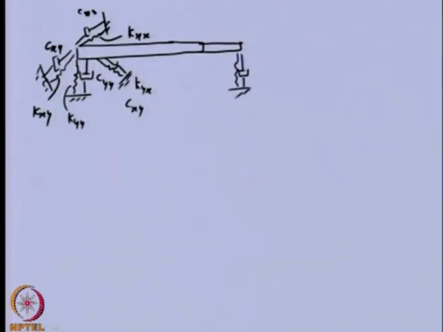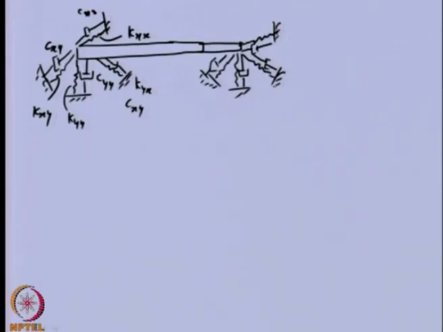So, this particular rotor is mounted on two identical bearings, let us say, for this analysis, and has both direct as well as cross coupled terms. You can see there are springs and dampers, 8 in number, at each end of the bearing of the shaft.